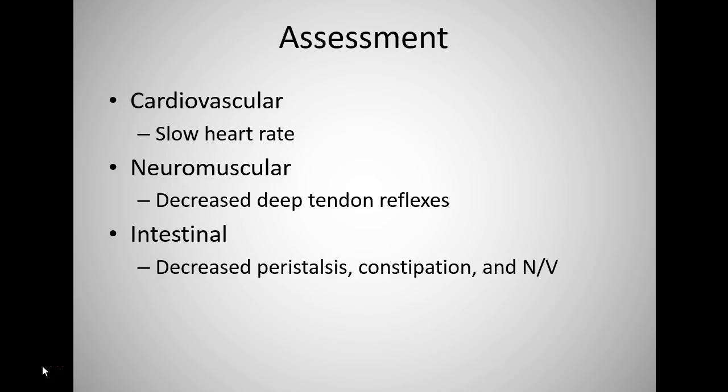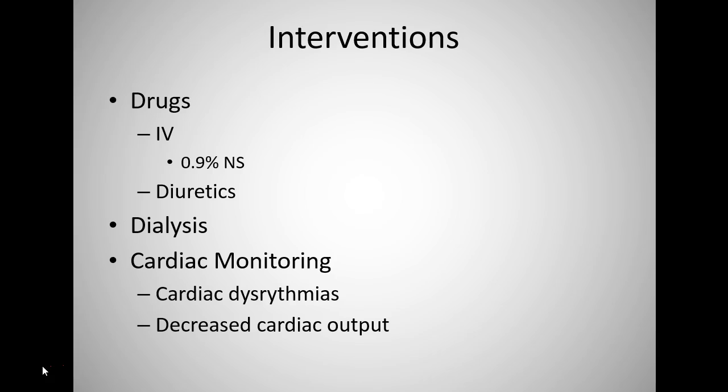So your assessment is going to be cardiovascular, slow heart rate. Neuromuscular is going to be decreased deep tendon reflexes, and intestinal is going to be decreased peristalsis and constipation and nausea and vomiting. Interventions are going to be IV therapy, which could be half normal saline. It could be diuretics. They can do dialysis in extreme cases.